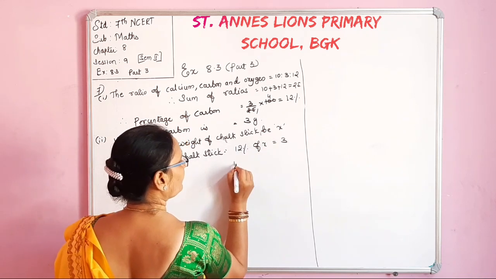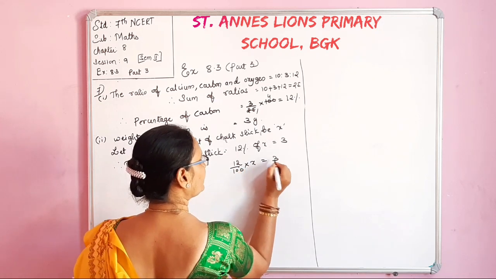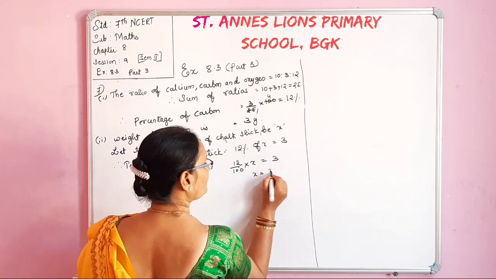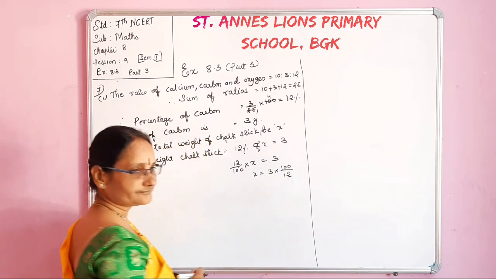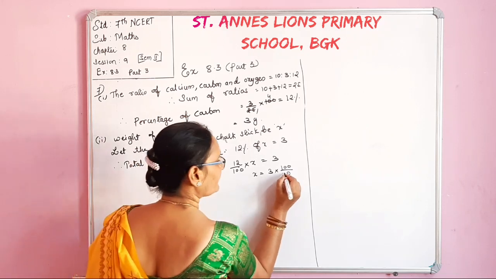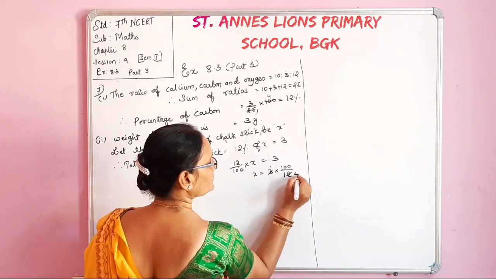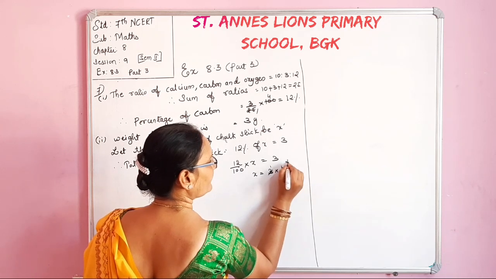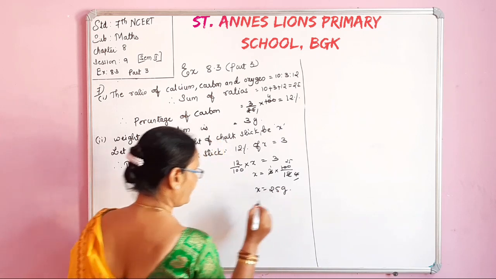Okay. Now 12 by 100 into x is equal to 3. So x is equal to 3 into 100 by 12. I hope you are following. Okay. Now 3 ones are 3, 3 fours are 12, so 4 ones are 4, 25s are 25. X is equal to 25 gram.